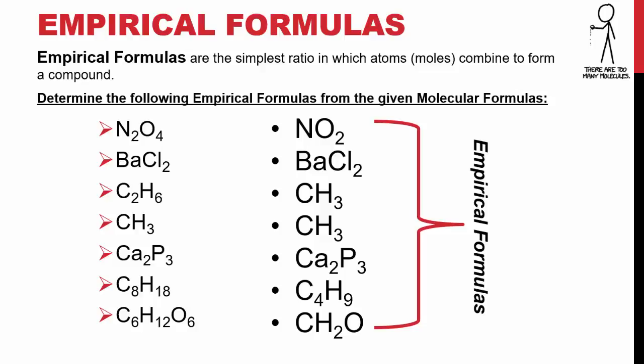Ca2P3 is Ca2P3 because, again, ionic compounds are always empirical. C8H18 can simplify to C4H9, and glucose, C6H12O6, can be simplified to CH2O. Again, a molecular formula and an empirical formula are not always the same, but can be the same.